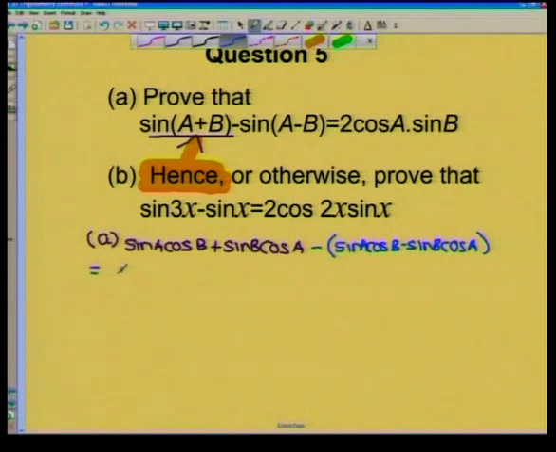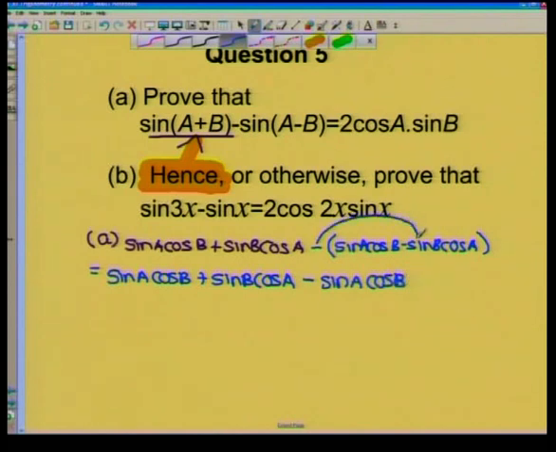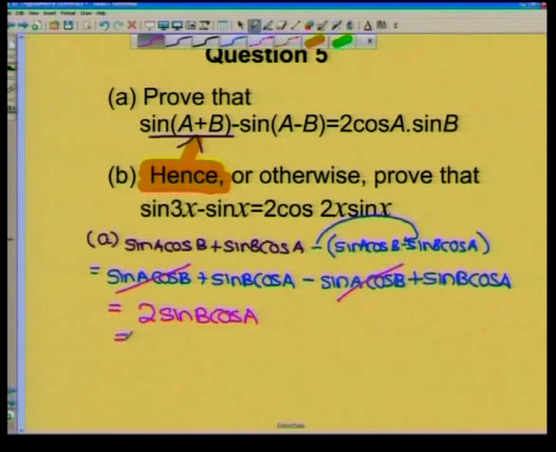Right, so this is equal to the sine of A, the cos of B, plus the sine of B, the cos of A, minus the sine of A, the cos of B, and of course that minus times that minus is going to give me plus sine of B, cos of A. Now the good news is this one and this one will fall away because one minus the other one falls away, so we're going to get 2 sine B cos A, which is equal to my right-hand side.